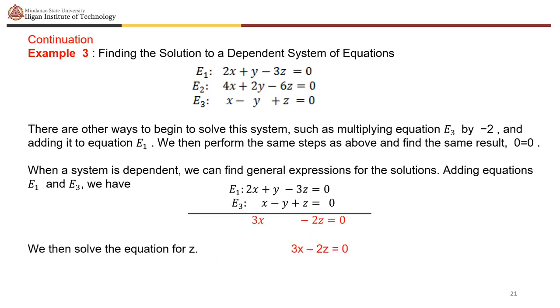And then we can solve the equation for z. We have 3x minus 2z is equal to 0, which gives us z is equal to 3 over 2 x.